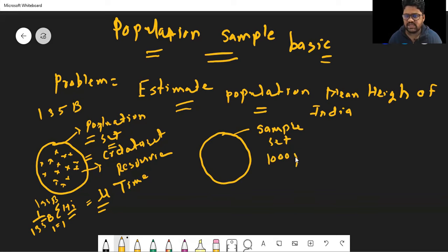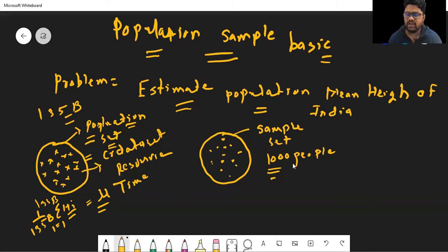Here the sample size is 1,000 people. We will not collect the heights of the whole population. We will just select some random people and measure their heights. Measuring 1,000 people's heights as compared to measuring 135 billion heights is very cost effective, requires far fewer resources, and is not time consuming as well.